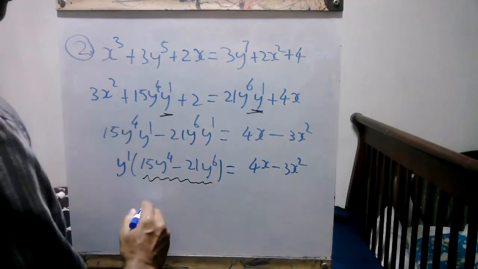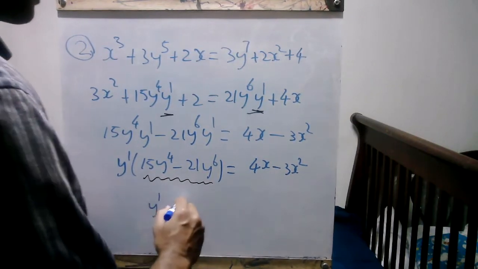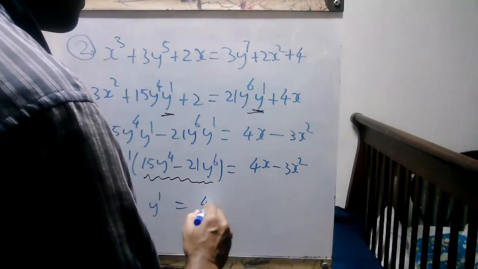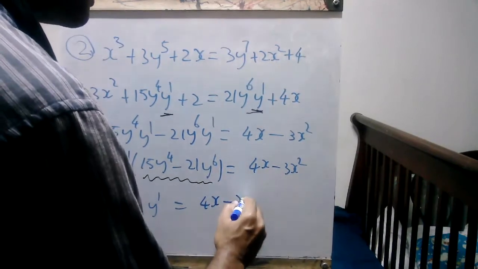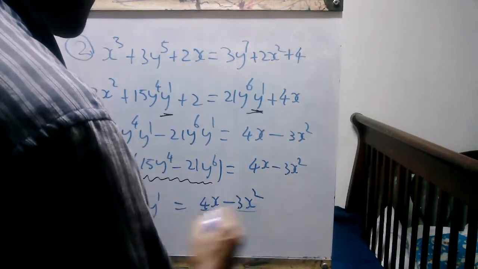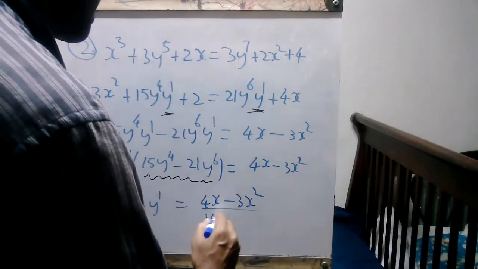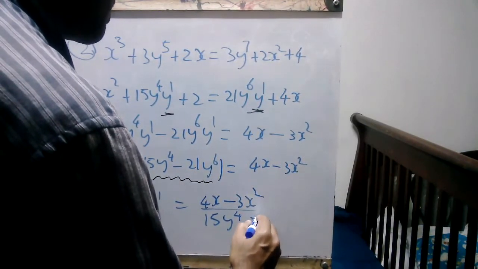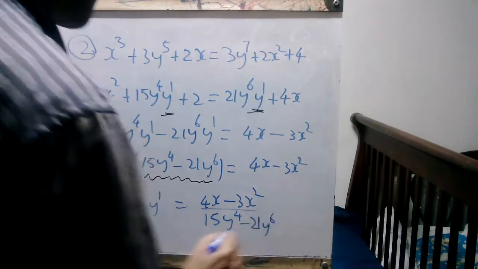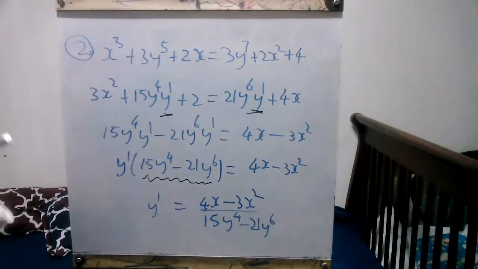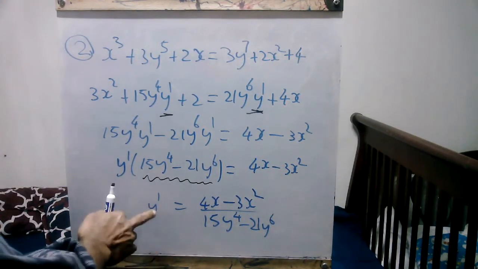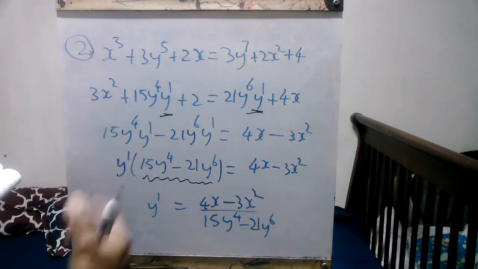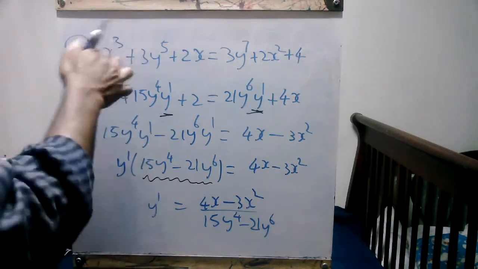We get y prime equals 4x minus 3x squared divided by 15y to the 4 minus 21y to the 6.